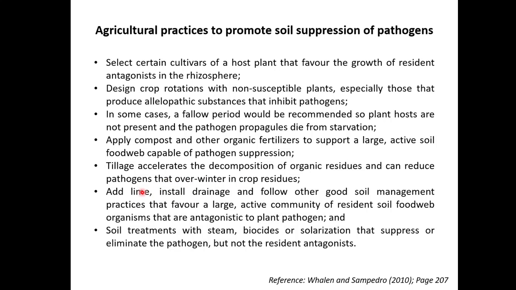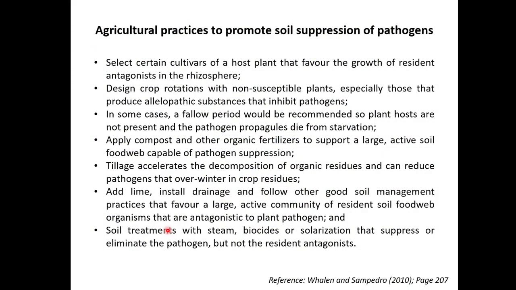Lime can also be added, and you can also use soil treatment with steam, biocides, and solarization. This is one of them. You can pause the video here and read, and you can also try to find this book that explains in detail the agricultural practices that promote soil suppression of pathogens.